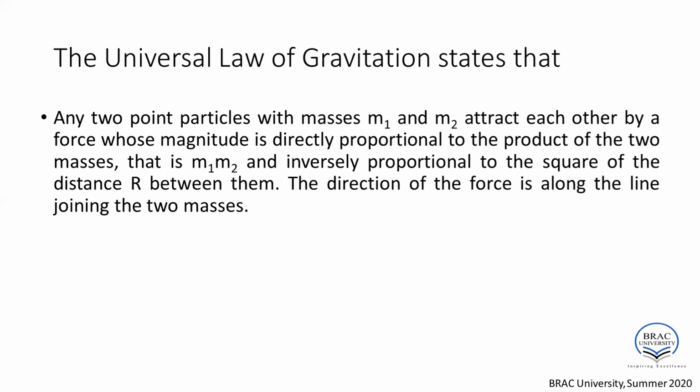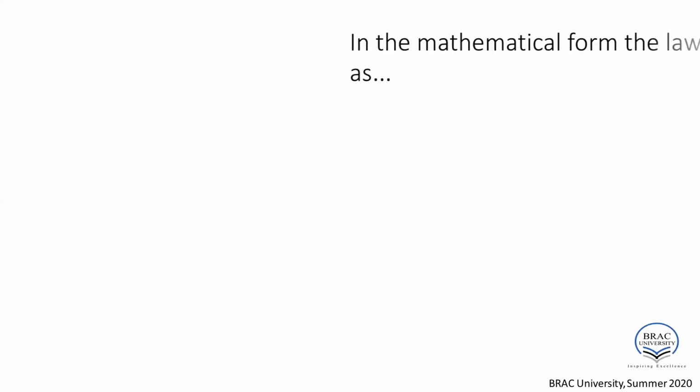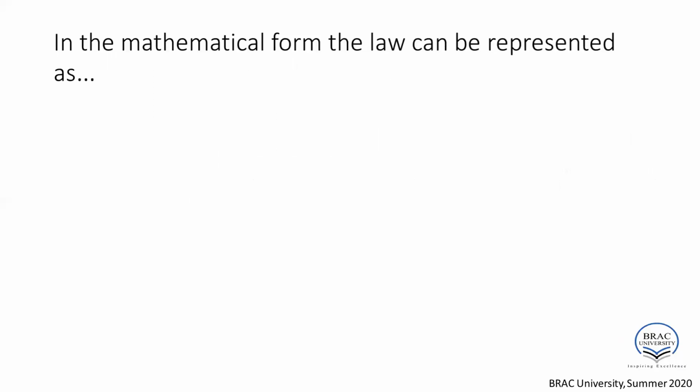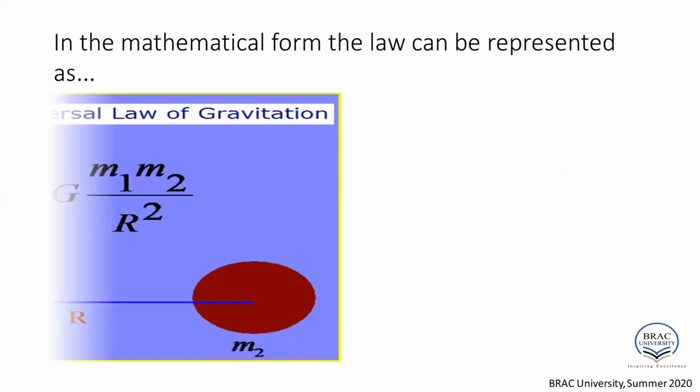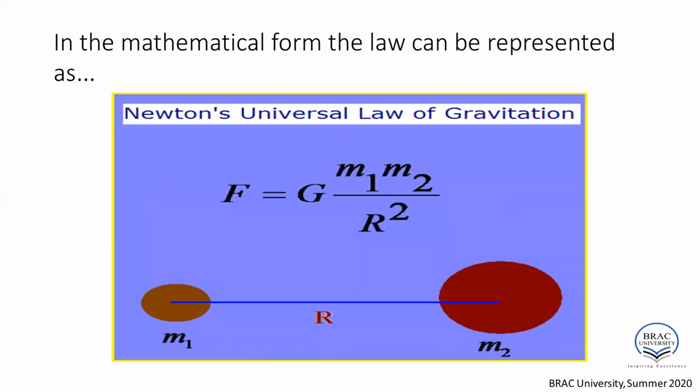So here we consider the distance between m1 and m2 is r. You can also consider the distance as d or some other symbol. Okay, the direction of the force is along the line joining the two masses. So in mathematical form, the law can be represented as shown in this figure.